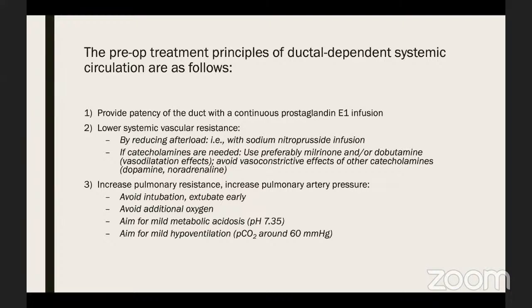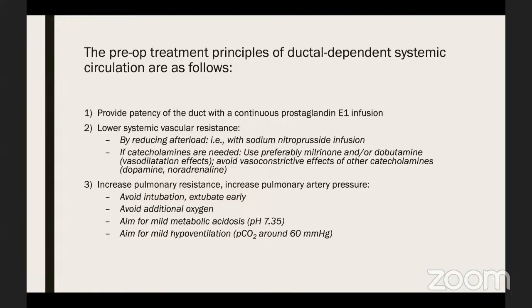We can use catecholamine, or if needed, the catecholamine. We try to use milrinone and or dobutamine because it has a vasodilative effect, trying to avoid the vasoconstrictive effects of other catecholamines like dopamine and norepinephrine. All of these factors can lead to decreasing the systemic vascular resistance.